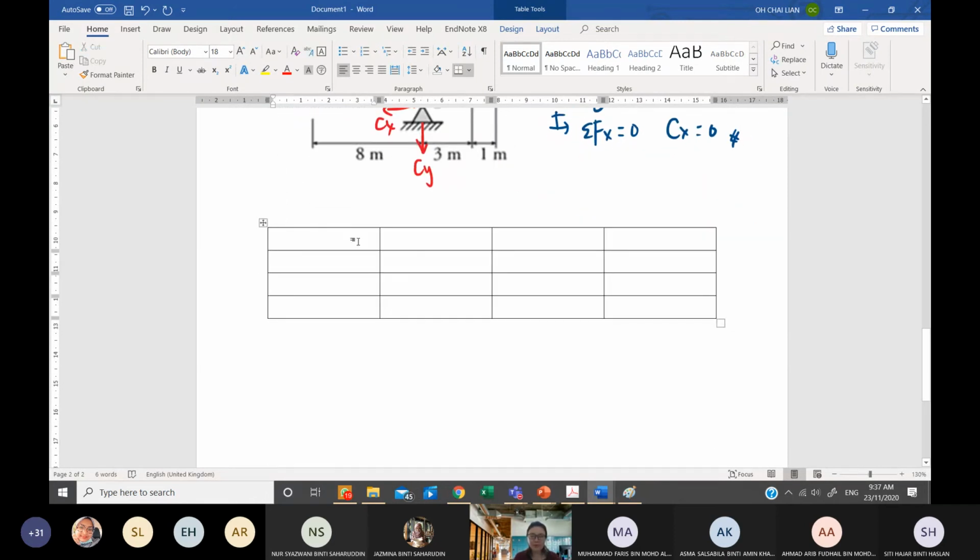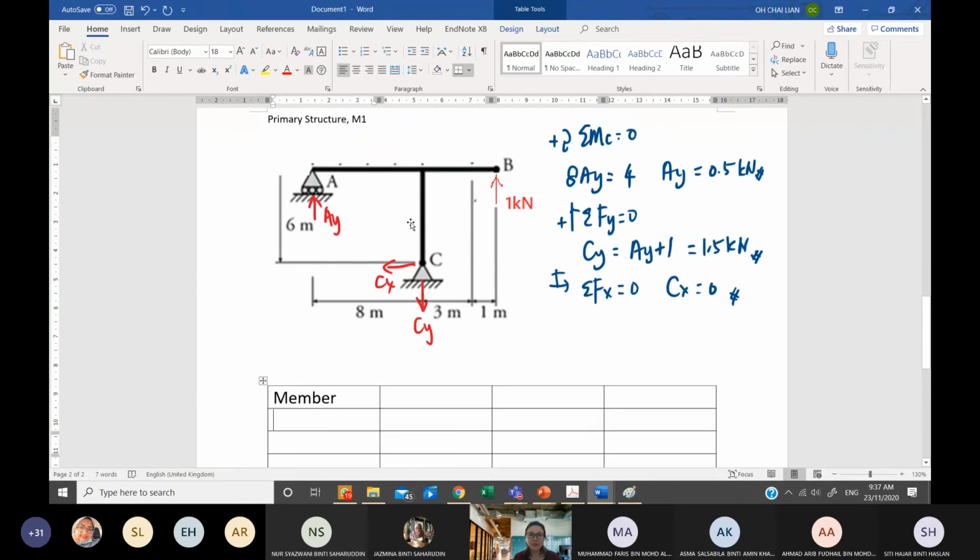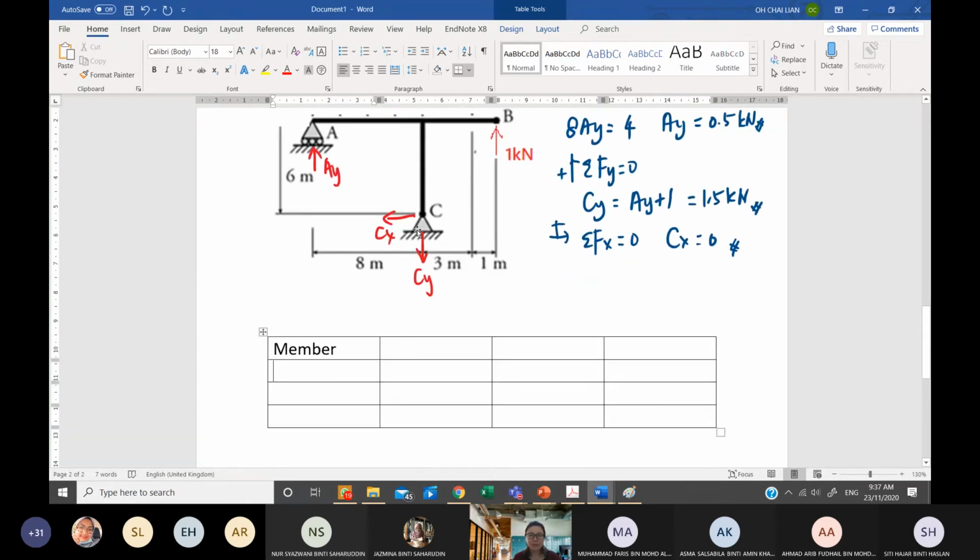So I'm going to write my first column with member, and I have 4 cut sections. There will be AD, BD, I have 2 for BD, and I have CD, with this range.